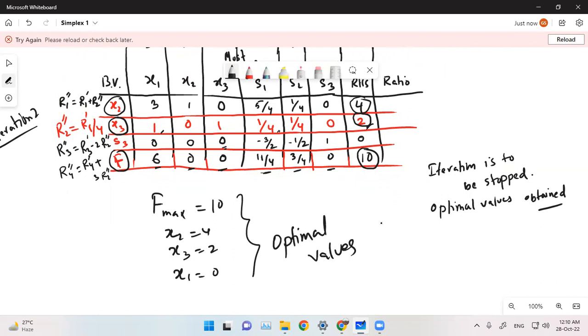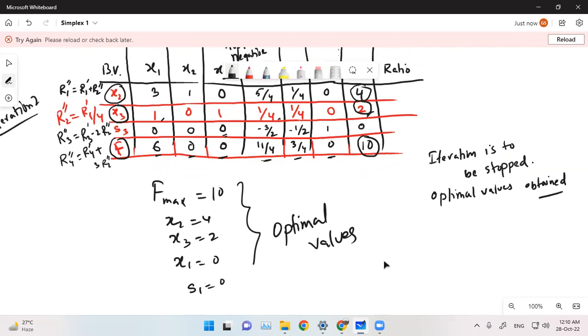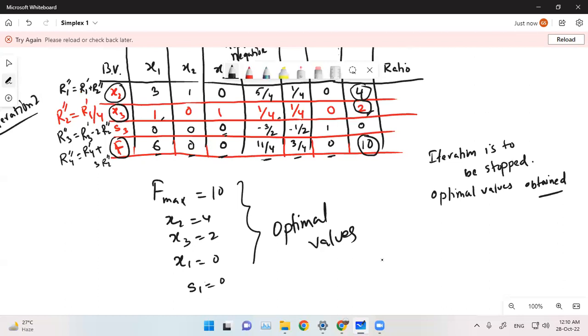So in the book, they also have figured out the value of S3. They also have mentioned that S1 is 0. S2 is also 0. And S3 is basically also 0. Yeah. But this is not our concern, even though the book has used those. We are not going to mention that. We are happy with these values.